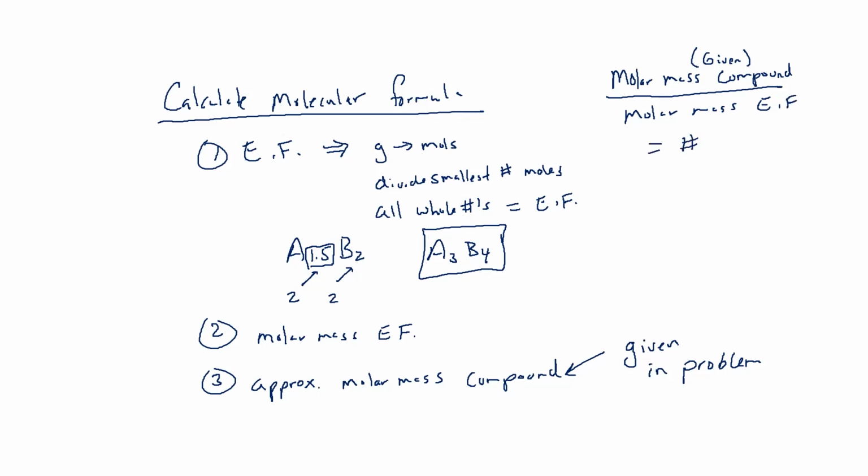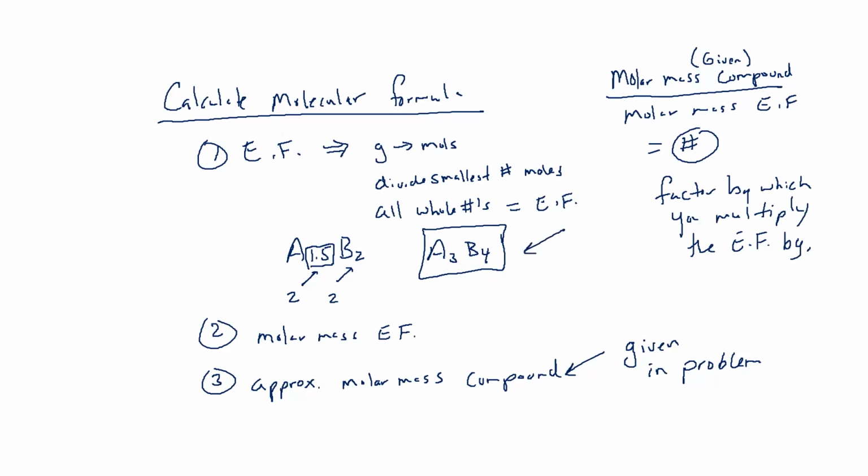So, for example, if we look at the empirical formula that I got before, which was A3B4, let's say that we took the molar mass of the compound and divided it by the molar mass of the empirical formula. And let's just say, making up this number, we got a 4.